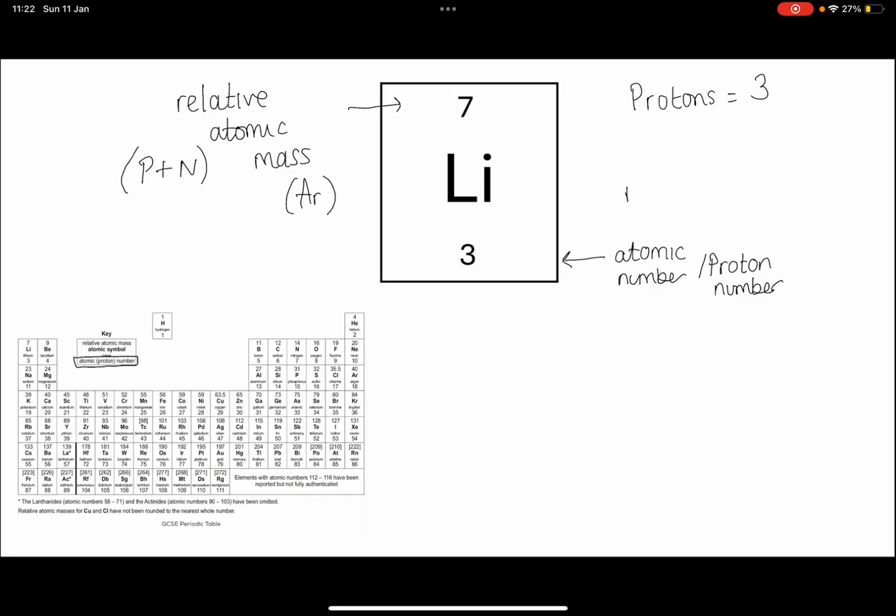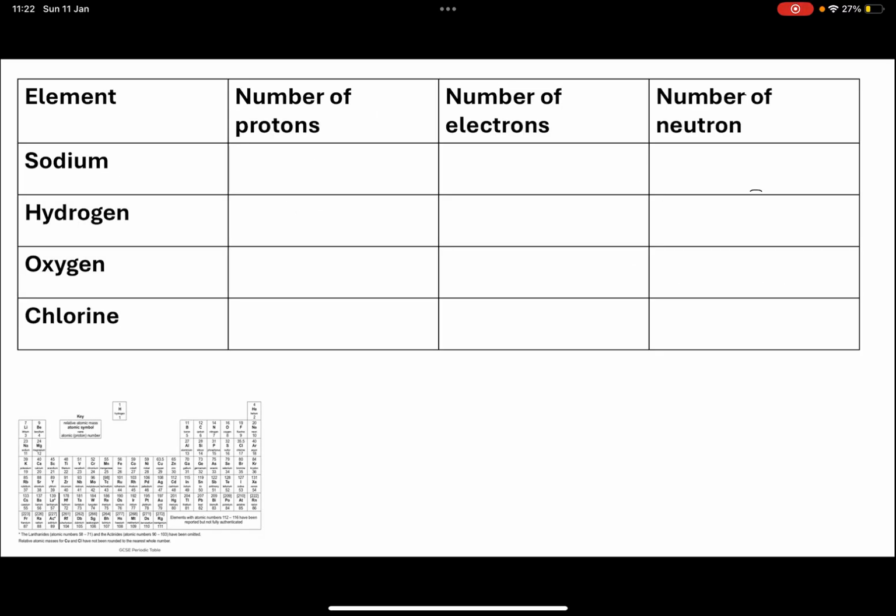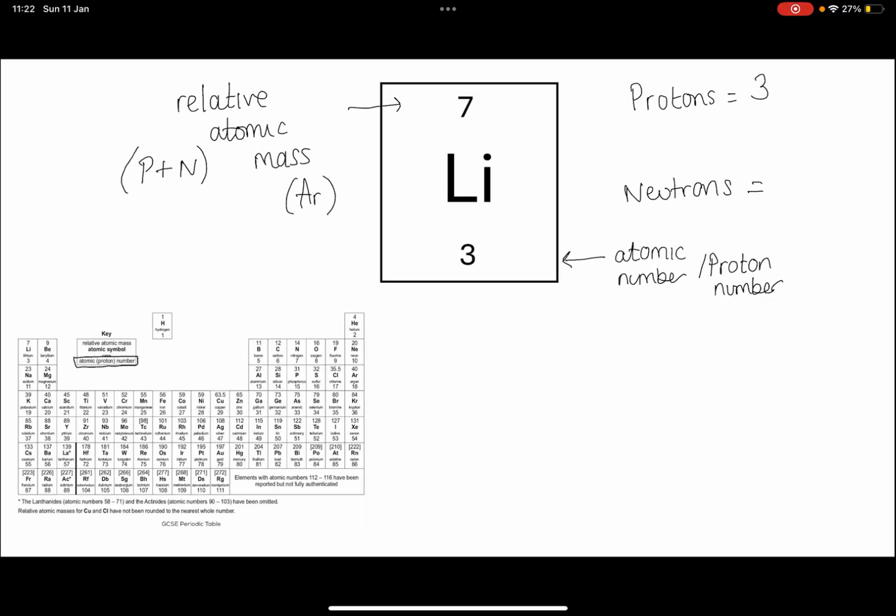Now if we know how many protons it's got by the bottom number, so I already know that lithium's got 3 protons, and the total of protons and neutrons is 7, it's a straightforward subtraction, isn't it? You do the top number 7 minus the bottom number 3. So lithium has 4 neutrons. Well done.